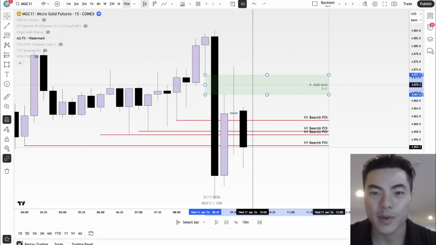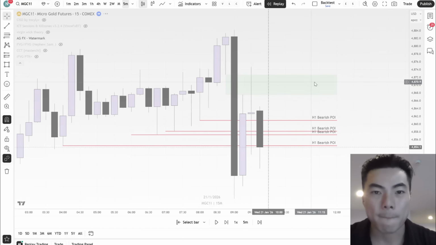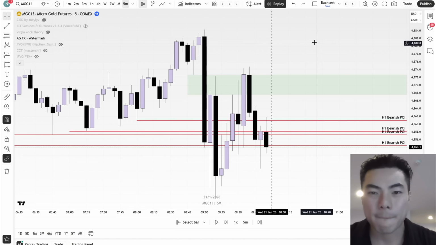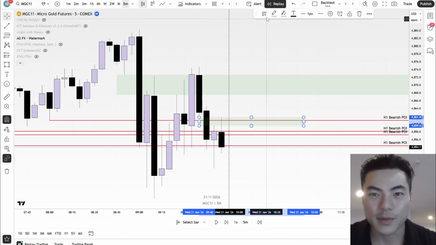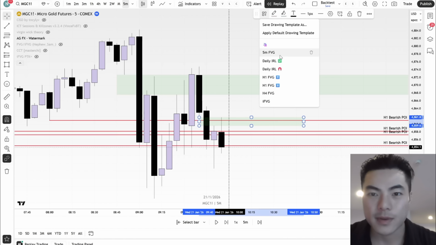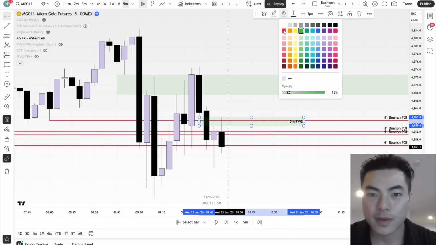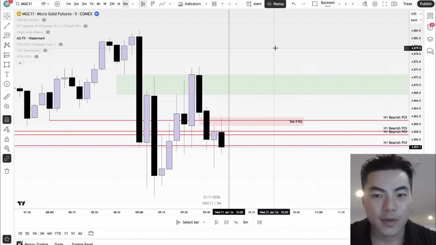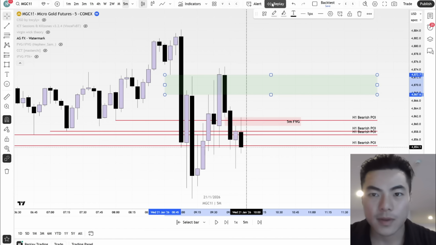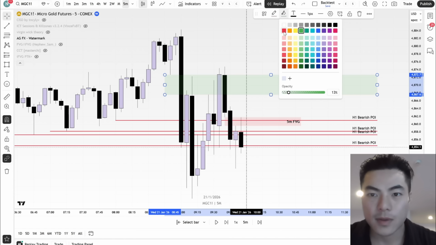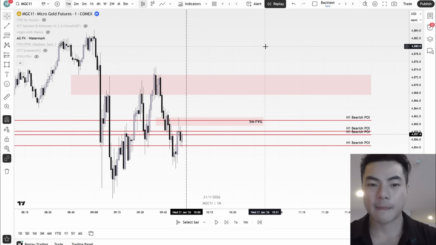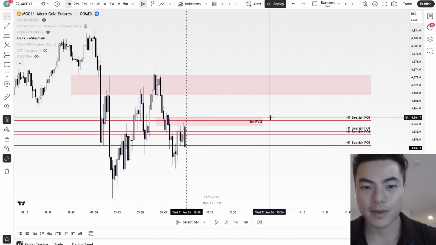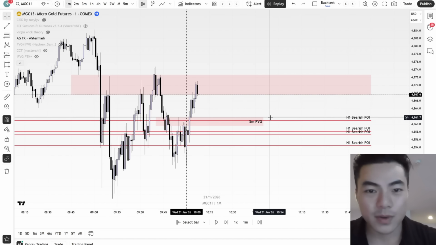So we do have a 15-minute gap here. Five-minute FVG here as well. All right, let's go down to the 1 minute. And let's see. Okay, FVGs and POIs have been engaged.